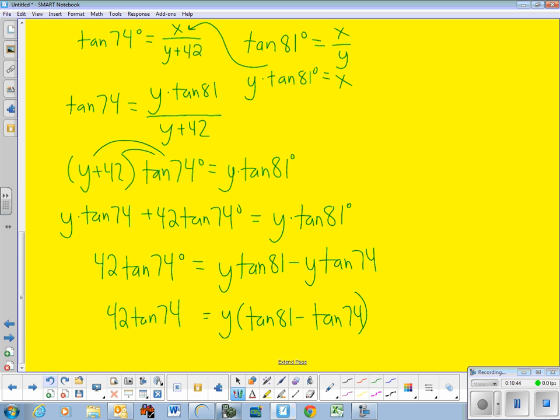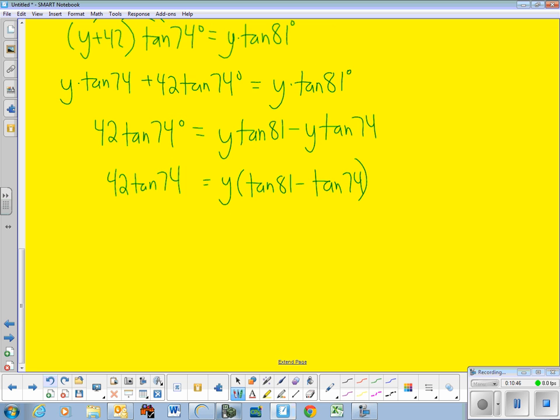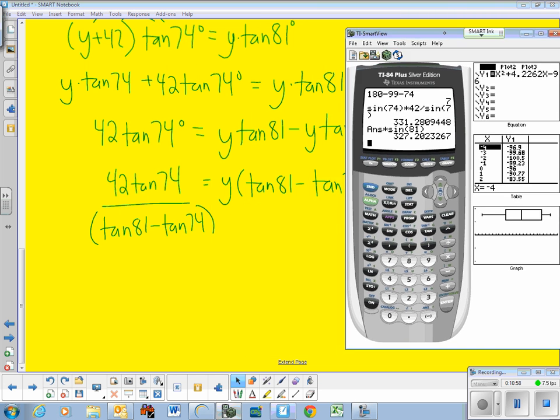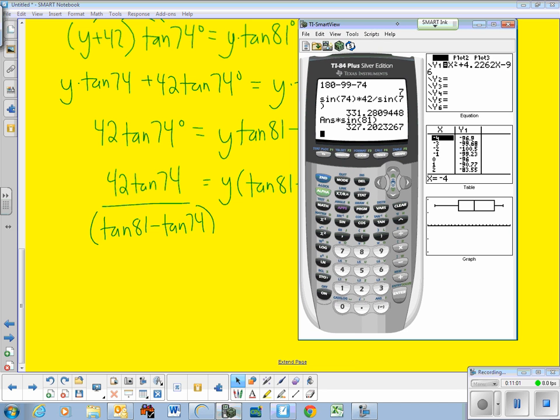And when it's all said and done, this divided by this should be my final answer. And this is going to be foolish if it doesn't match the answer we just got, but I think we're pretty safe.